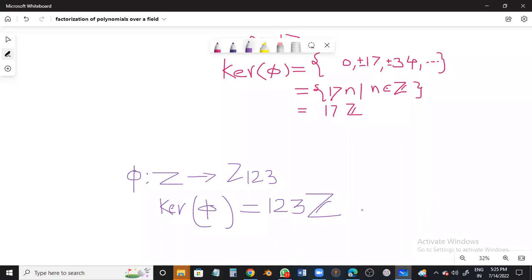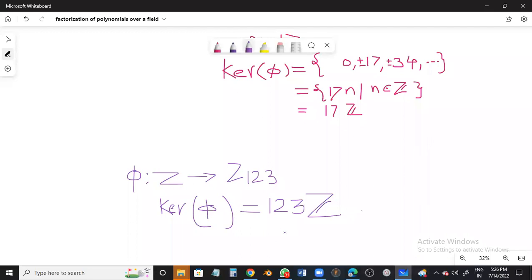So all the multiples. We are talking about the kernel of this homomorphism. This is a special case. The homomorphism carries Z to Zn, and in that case we were concentrating on that n. And we said the kernel of phi becomes nZ.